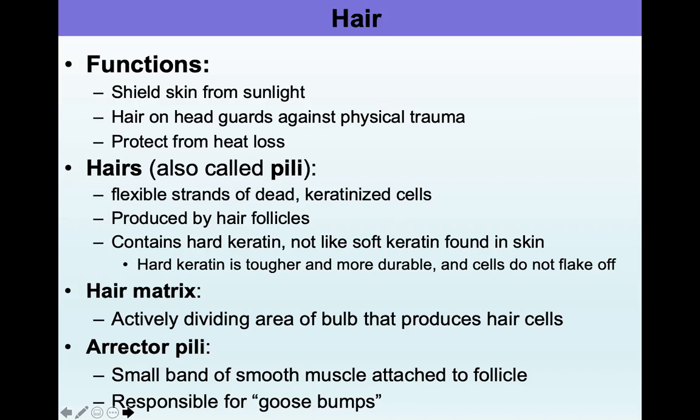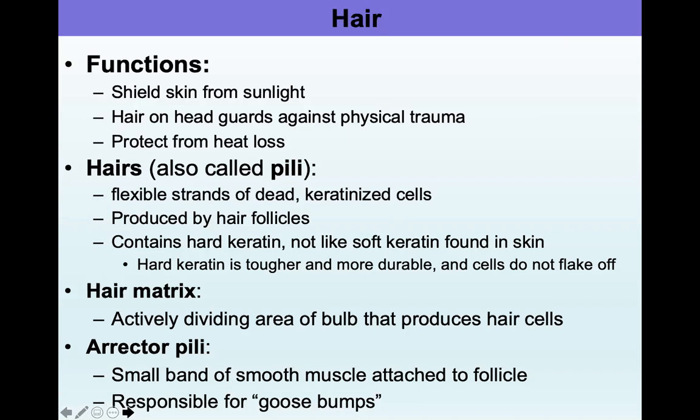They are produced from an area called the hair follicle, which is basically the part that is built into your dermis. They do contain hard keratin, but they are also flexible. We also have keratin in your nails, but your nails are super hard keratin, which doesn't really have much flexibility.